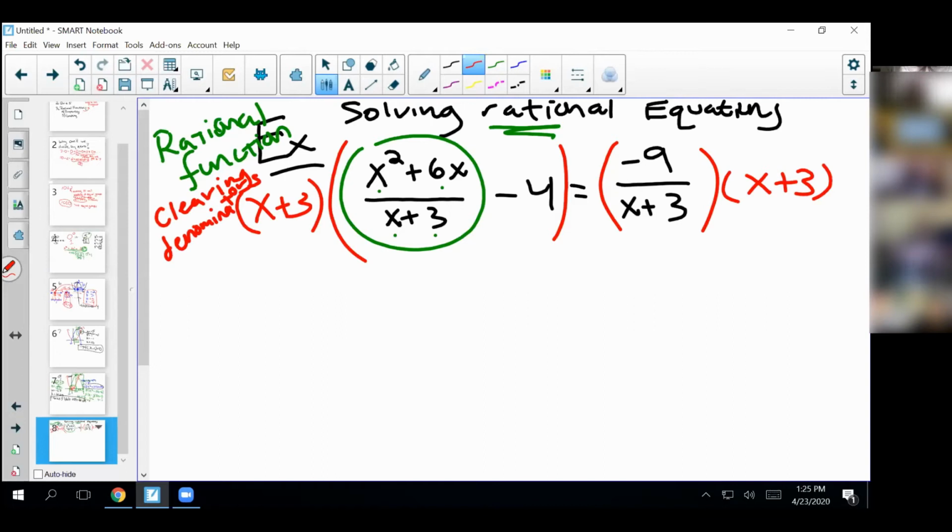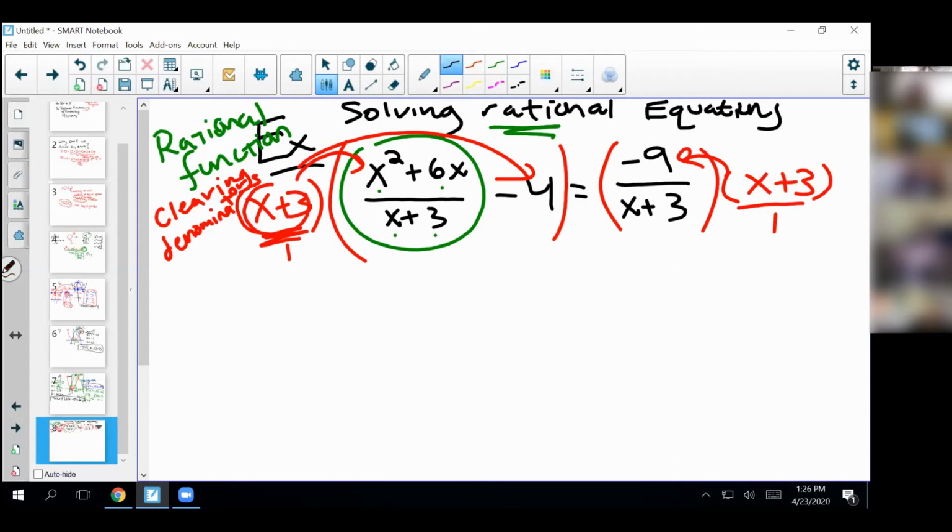Okay, so what happens here? Well, this x plus 3, if you think of it as just a big blob, is going to distribute in here. It's going to distribute in here. And it's the same thing for this one. If you think about this as being over 1, you can see that the x plus 3 part is only going to go to the top of my fraction.